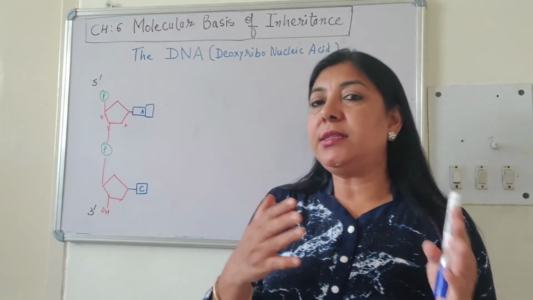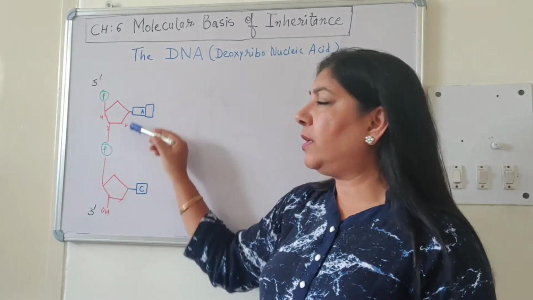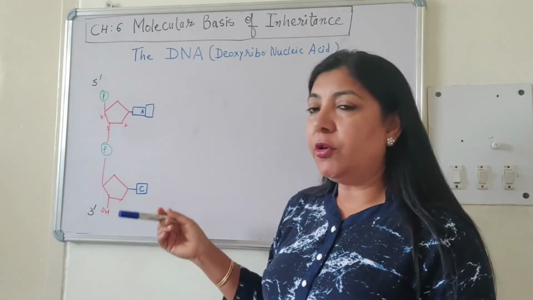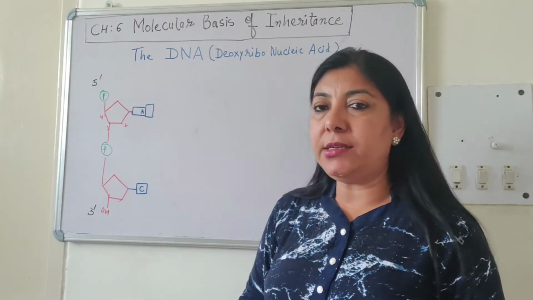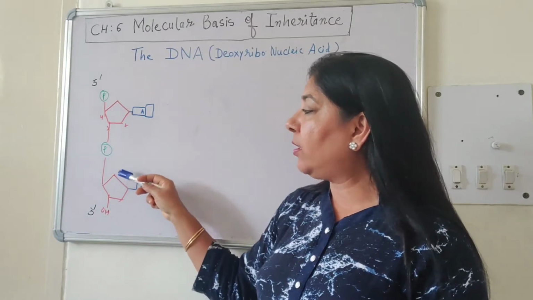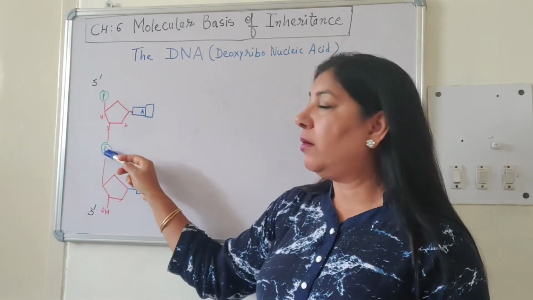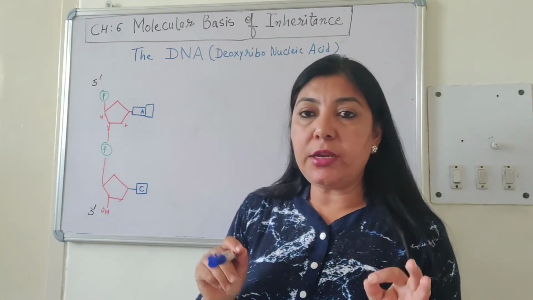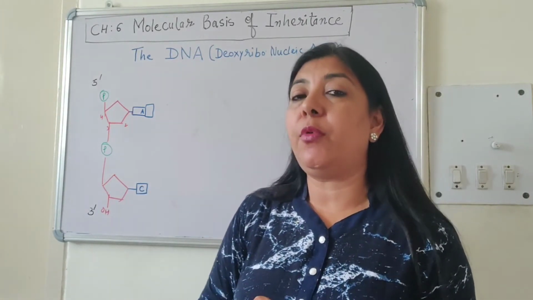Now I will explain the same diagram with the help of a simple diagram which you will understand in a better way. You know that a polynucleotide chain is made up of alternate deoxyribose sugars and phosphate groups. And in this molecule, polarity is very important.